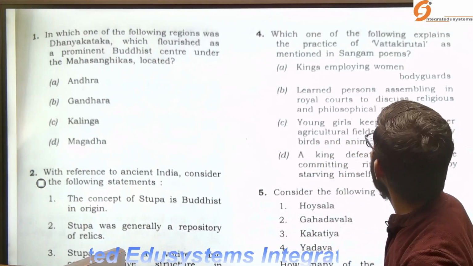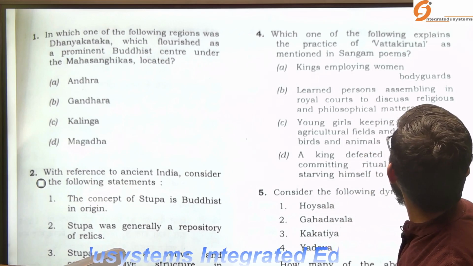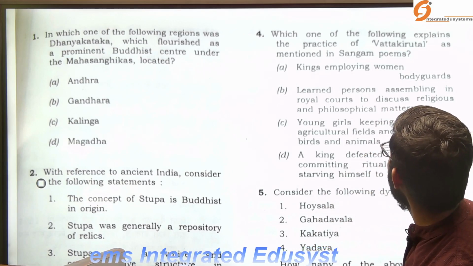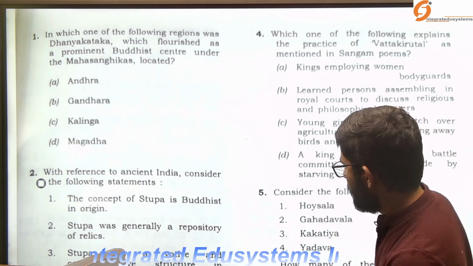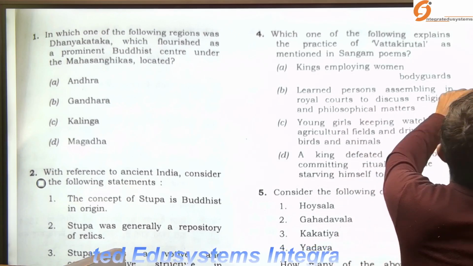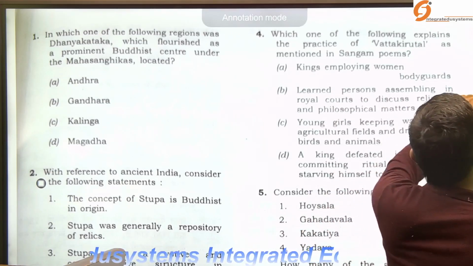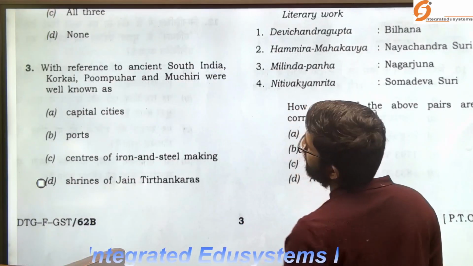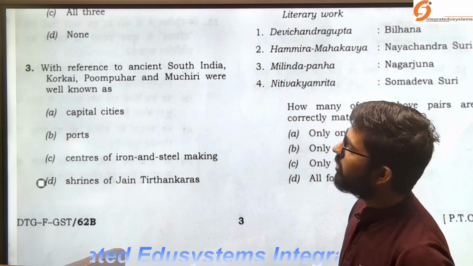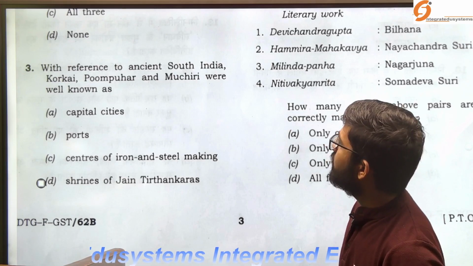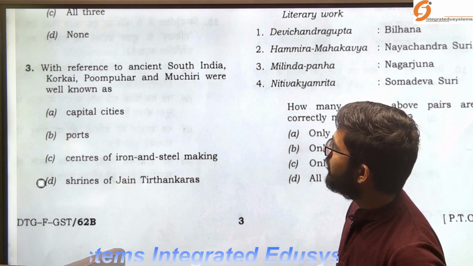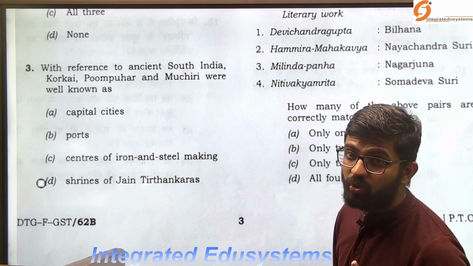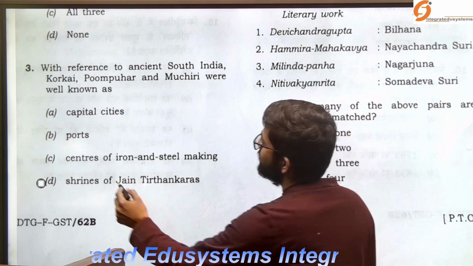Which one of the following explains the practice of Vata Kirutal as mentioned in Sangam poems? Wait, I am missing one question, I believe. Yes. With reference to ancient South India, Korkai, Pumpuhar and Muchiri were well known as ports. They are basically port cities.